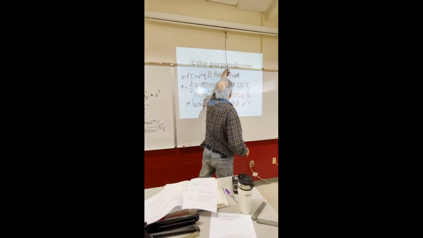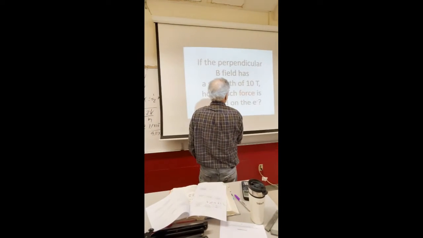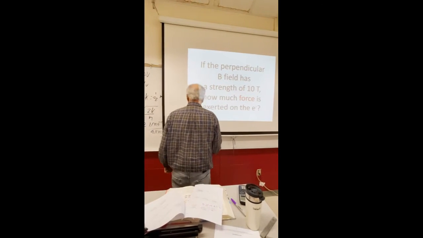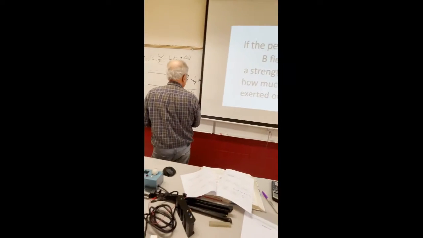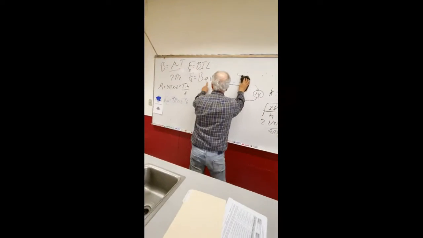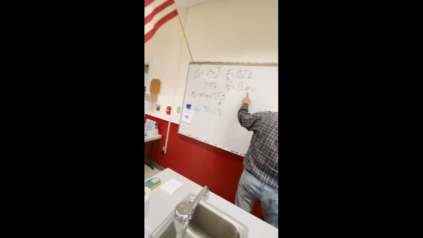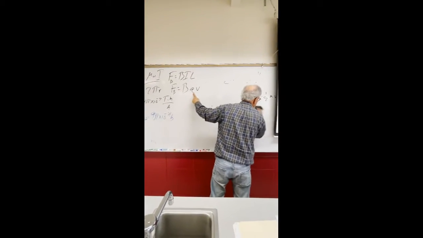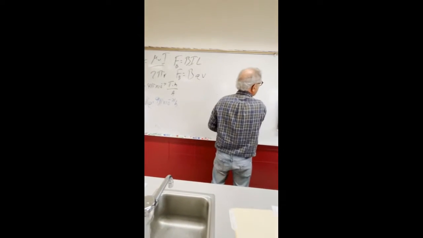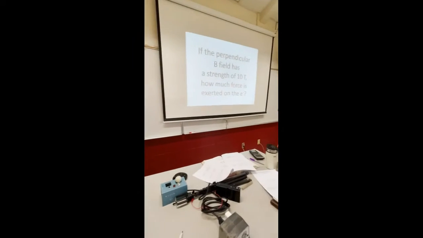If the perpendicular B field has a strength of 10 teslas, how much force is exerted on the electron? Okay, well, we've got the speed, we've got the electron, and we're trying to find the force, so we just use that one, BQV.